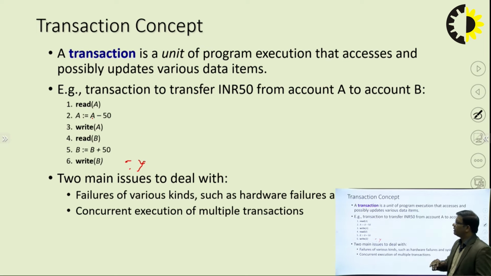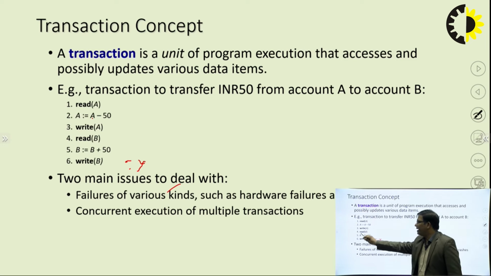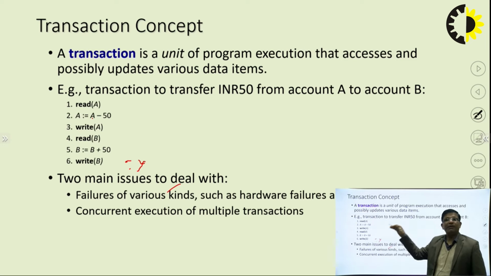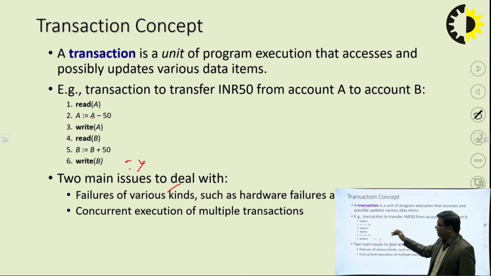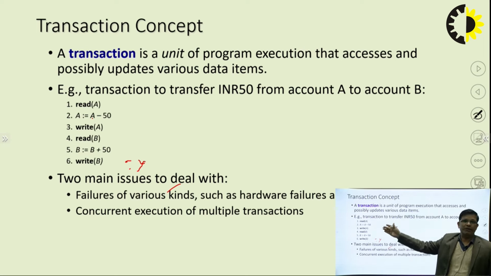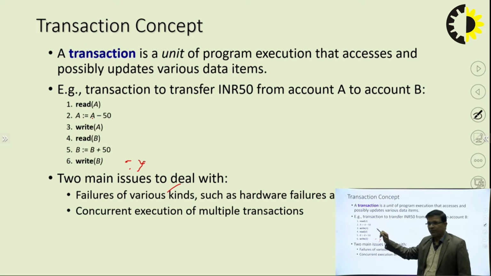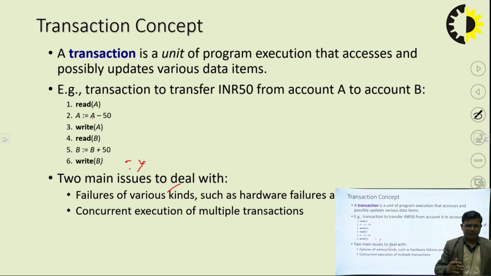Or what happens if another person reads the value of B before this value is written? He will read the previous value of B, not the value after writing B. So these are some transaction failures, such as hardware failure, system crashes, and concurrent execution of multiple transactions.